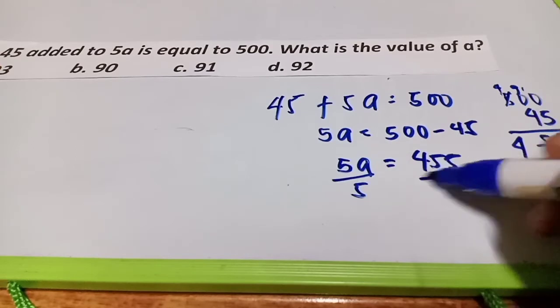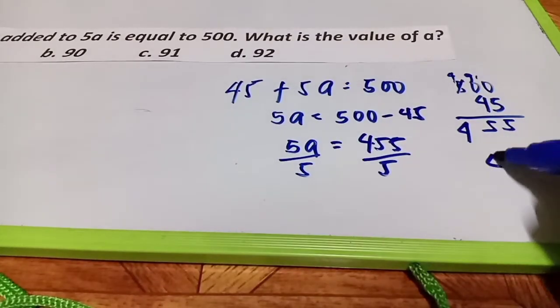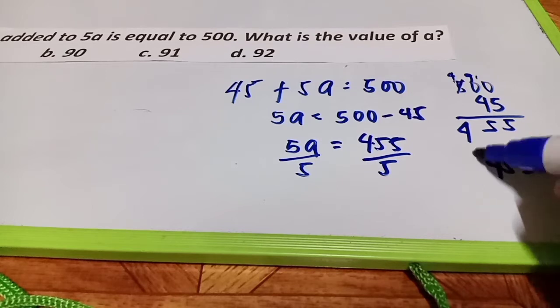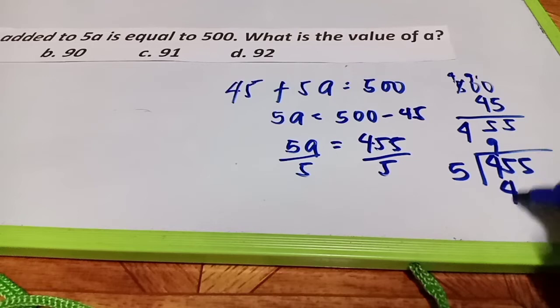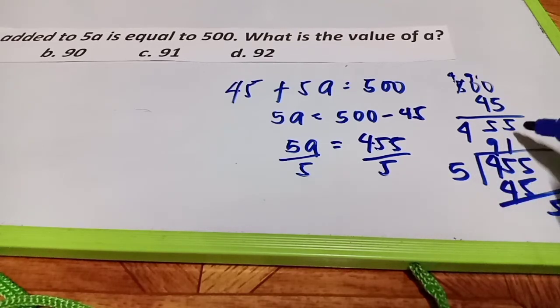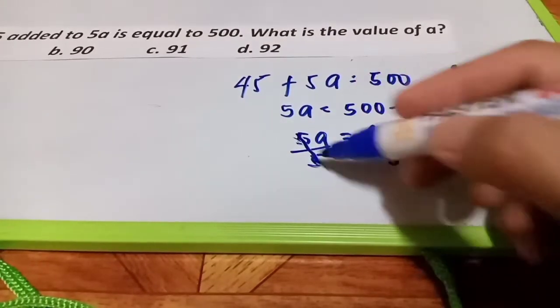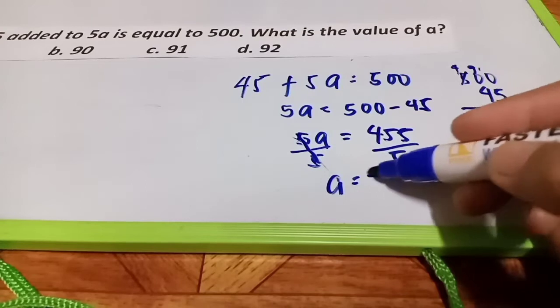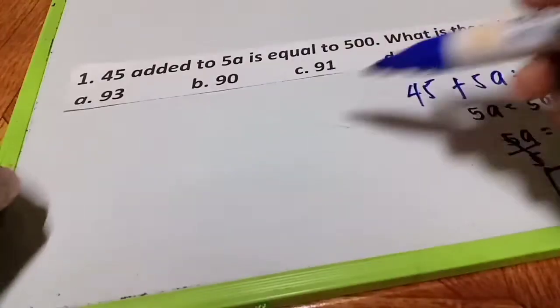Divide by 5, divide by 5. If we divide 455 by 5, we have 91. So our a will become 91.